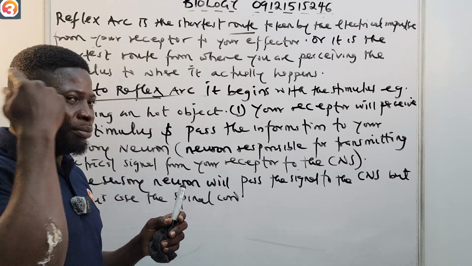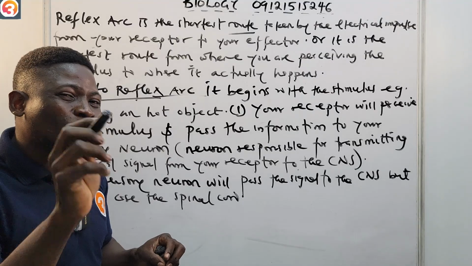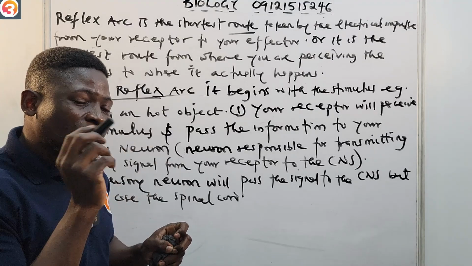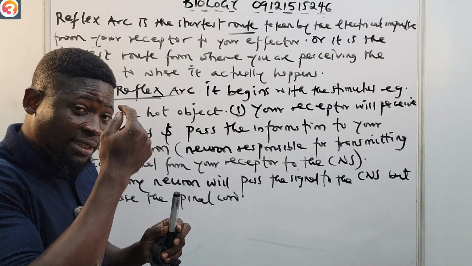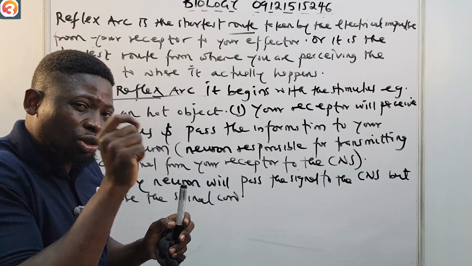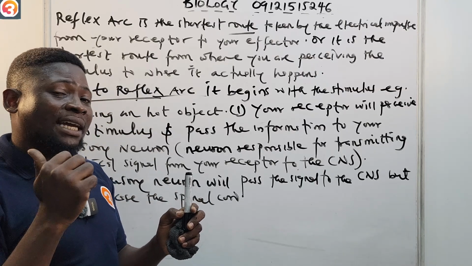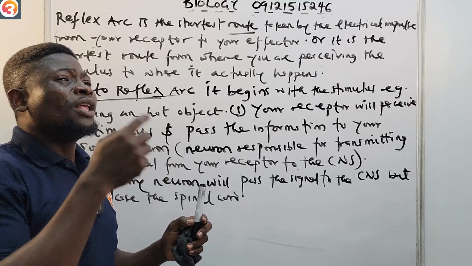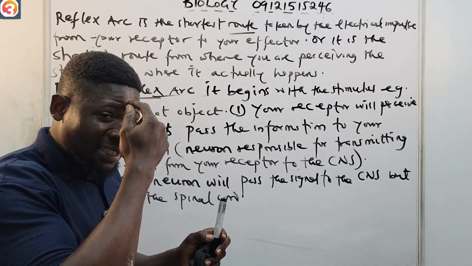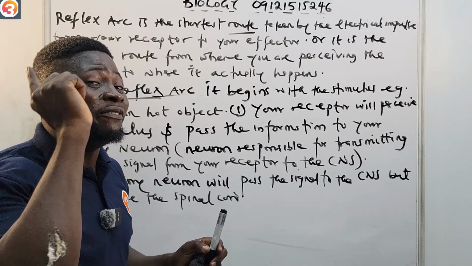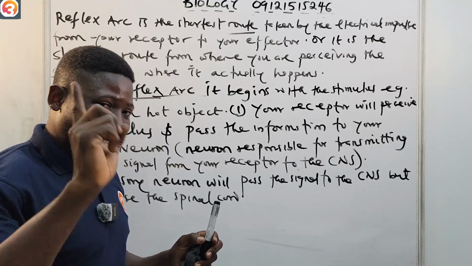It sends it to your brain. Why? Because the brain is the shortest route from your face, so it's very short. Instead of sending it to the spinal cord, which is far behind, it sends it to the brain. So any stimulus around your face or your neck goes to the brain first.